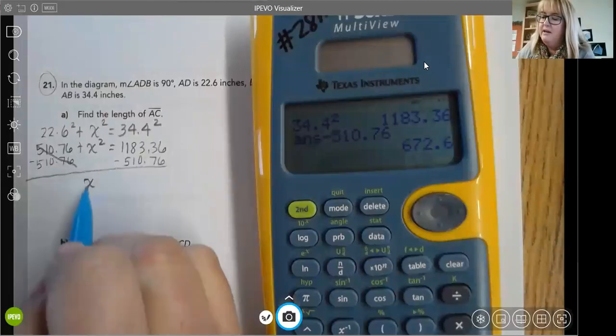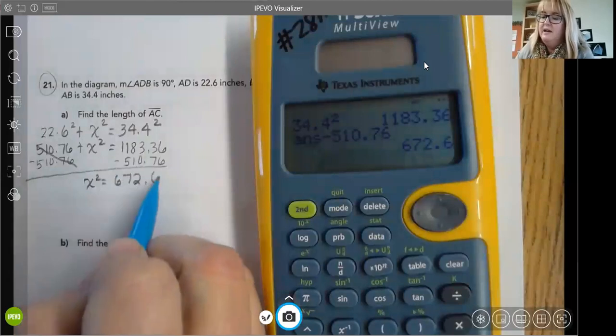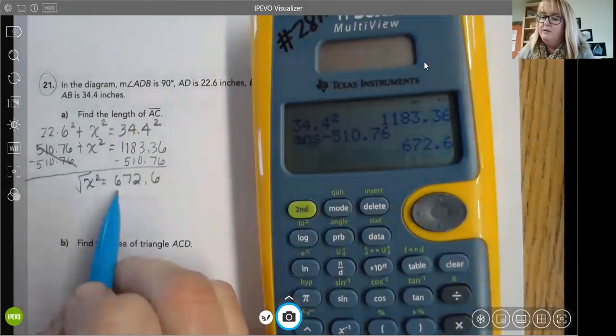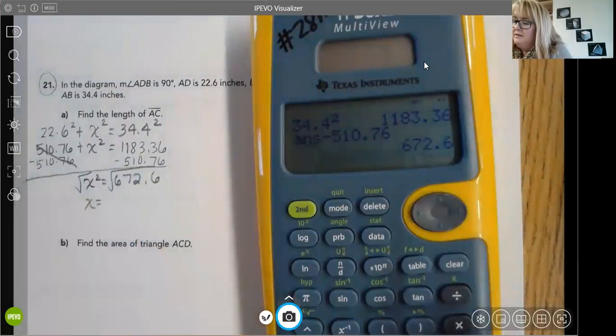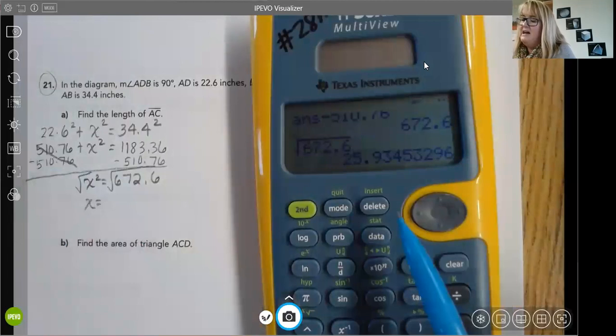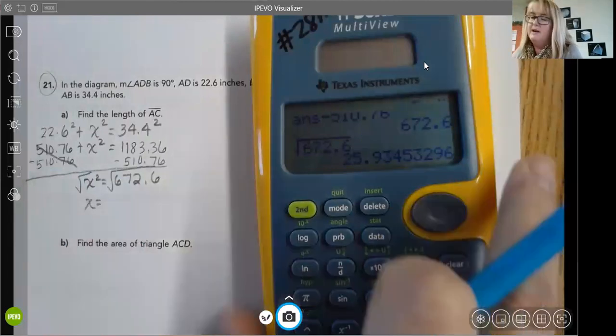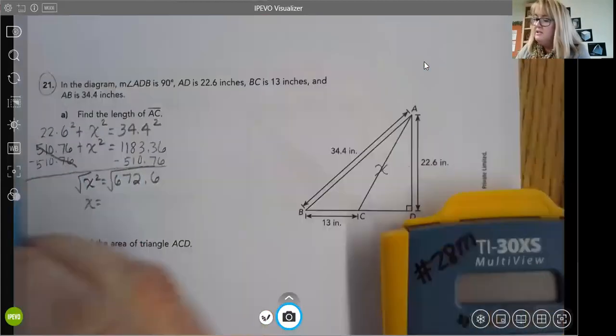So x squared is 672.6. I'm going to need to square root both of them. So the square root of 672.6 is 25.9. So to round to the nearest tenth, 9 is in the tenths place.